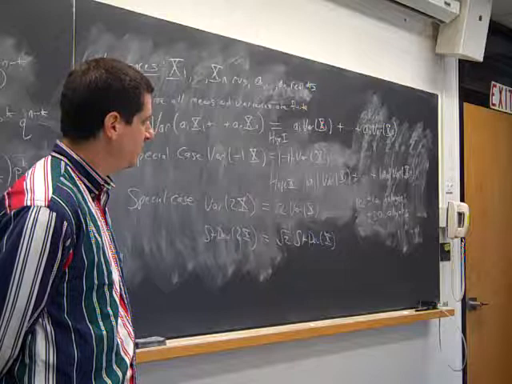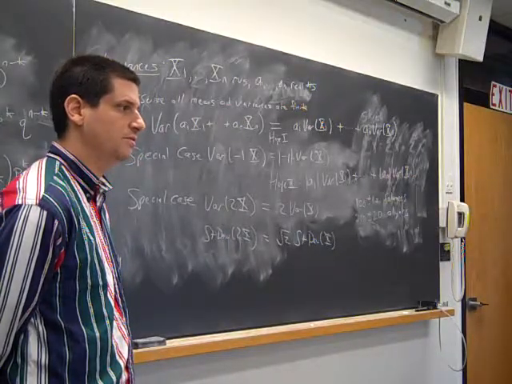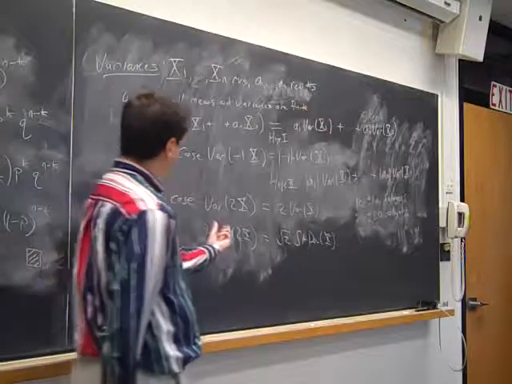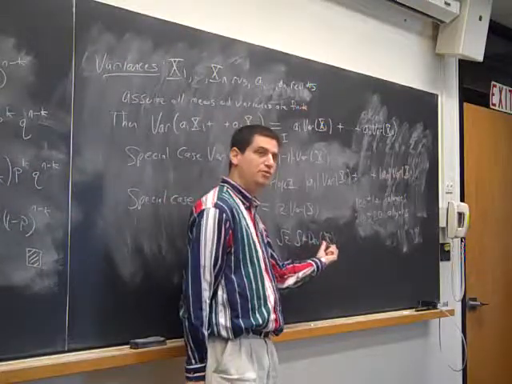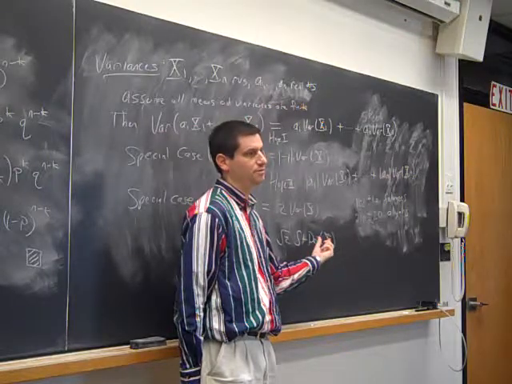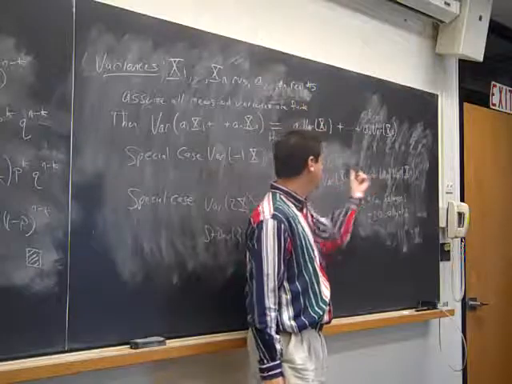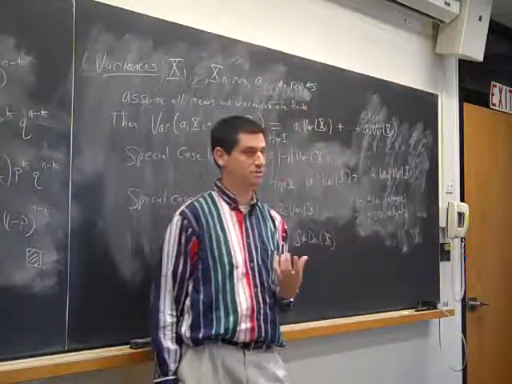It makes sense that if I've doubled the units, I've doubled the standard deviation. But what this is telling me is the standard deviation would increase not by a factor of 2, but by a factor of square root of 2. So this simple example tells me I don't expect a formula like this to hold. It has the wrong units.